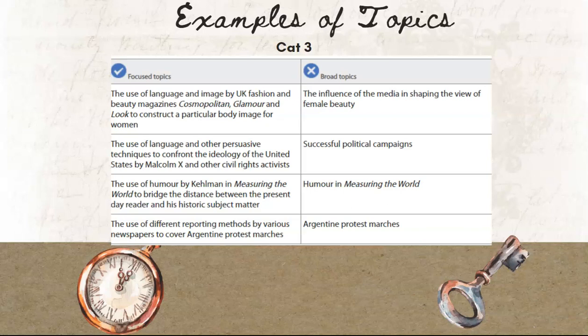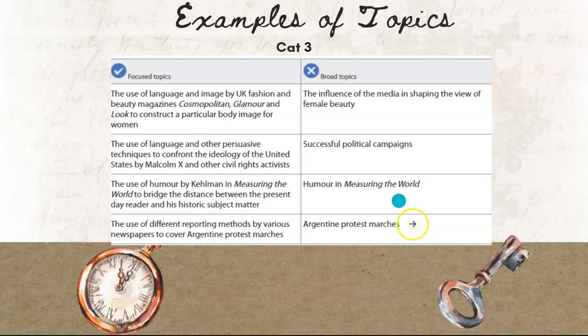You could look at how media shapes the view of female beauty. You could look at how cigarette companies have changed their advertising strategies. You can look at how perhaps there is humor in this essay that's trying to persuade people to do something for them.